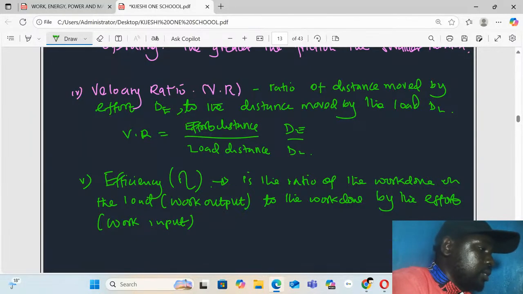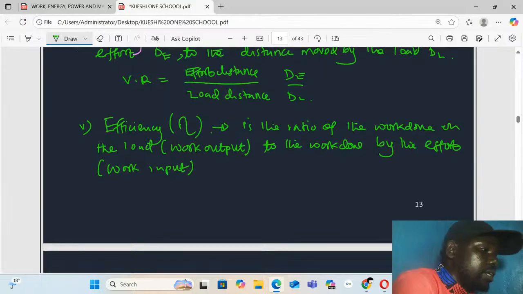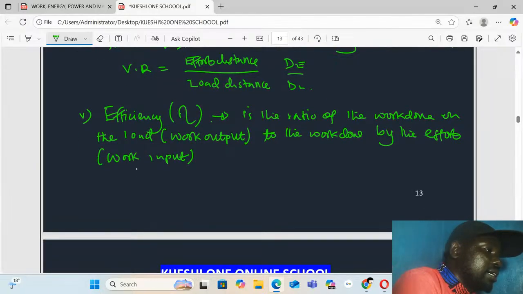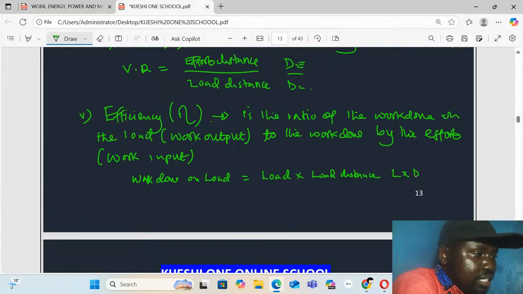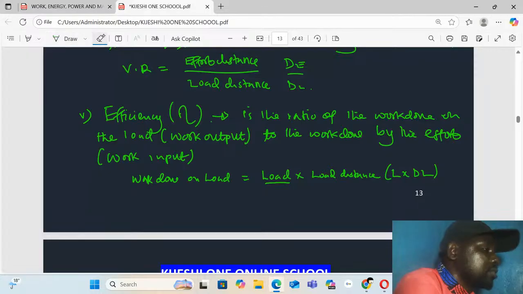Okay, so this one is where we are saying that the work done on the load will be given by the load times the load distance. That is L times dL.